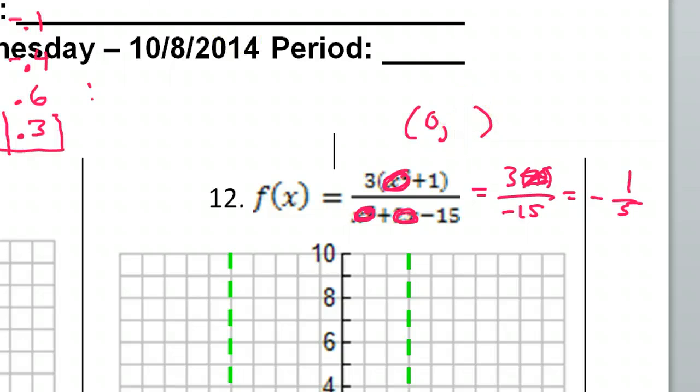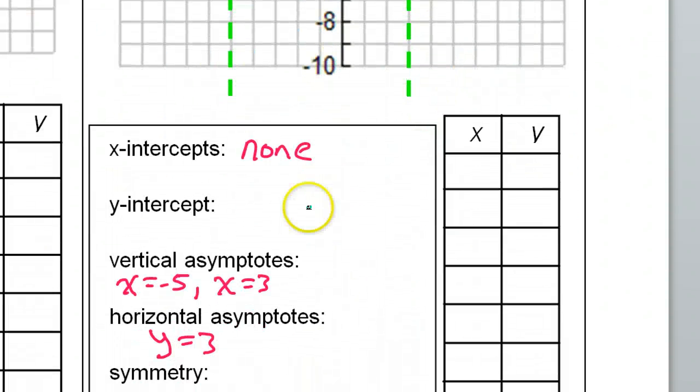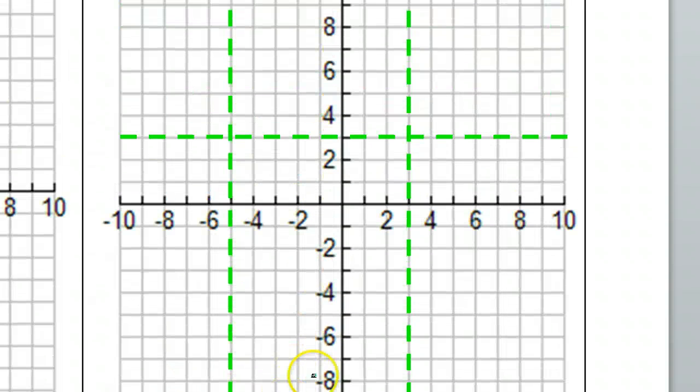So there's your y-intercept, 0 comma negative 1/5, which is the same thing as 0 comma negative 0.2, by the way. Negative 1/5 is just a fifth of a square below 0, so that'd be right there, just below the x-axis.